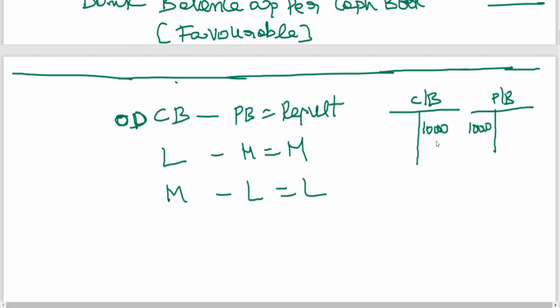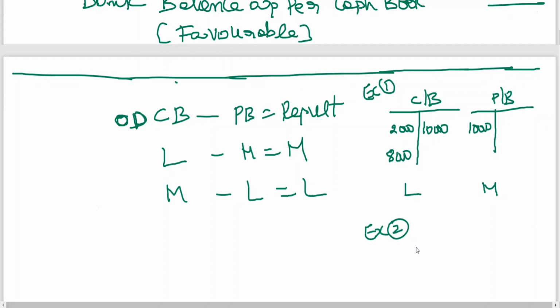This is opening balance. Now you look at it. When you deposit check 2,000, entry is in cash book. So what happened? 10,000 is overdraft, means payment side is more. Deposit is 2,000. So OD is coming down to 8,000. This is example 1. In this case, OD as per cash book is showing less, OD as per passbook is showing more because deposit entry is appearing only in the cash book.